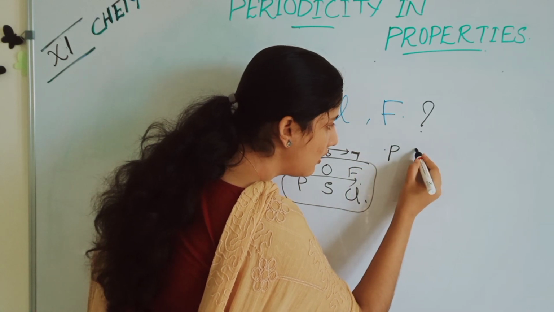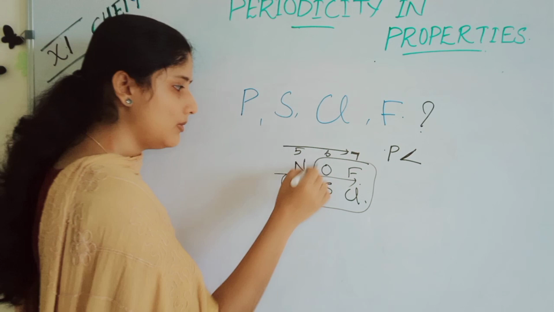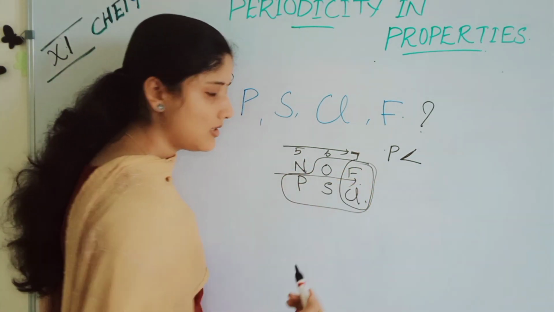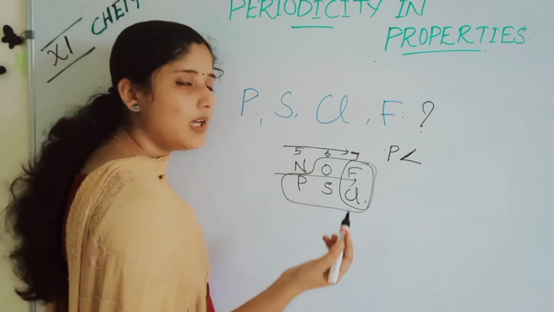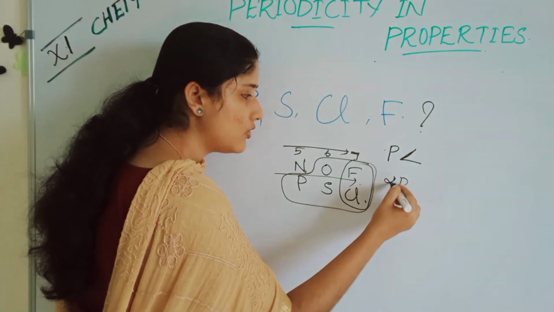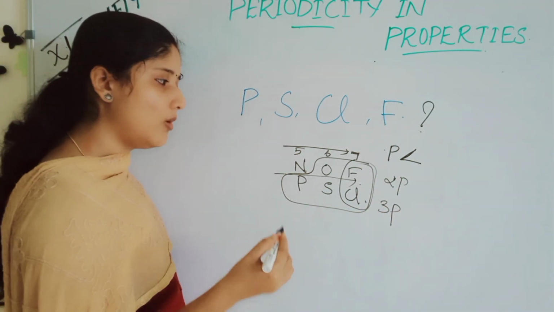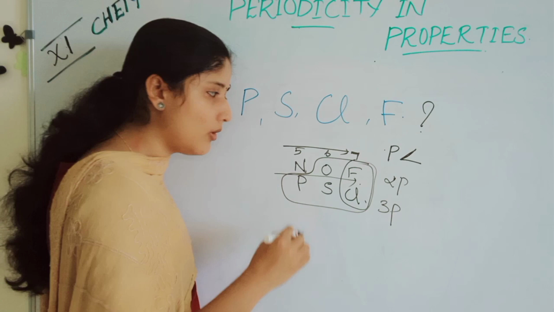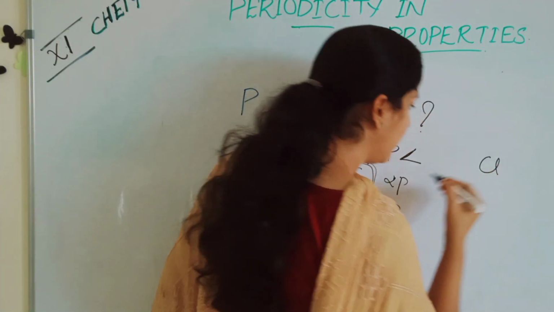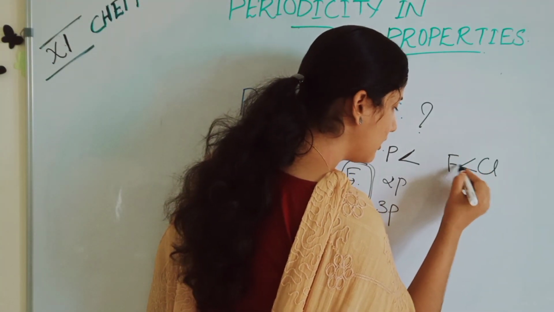Next, among fluorine and chlorine, which will have the highest? In fluorine the electron should be added to the 2p orbital, and in chlorine to 3p. So as I have already said, it will be easy to add an electron to chlorine. So chlorine will have the higher electron gain enthalpy than fluorine.